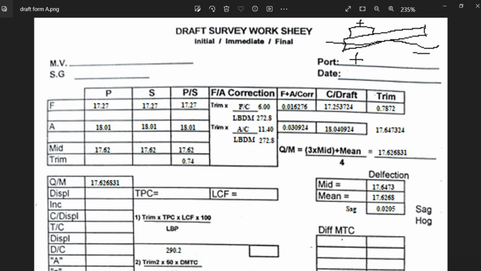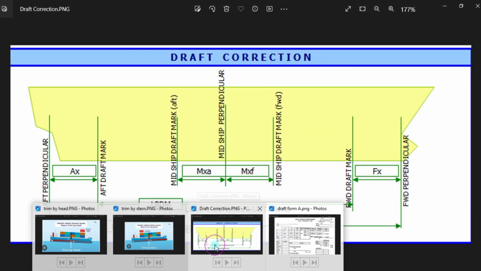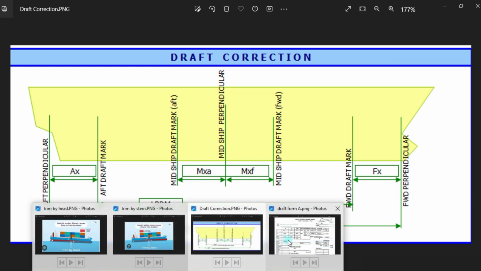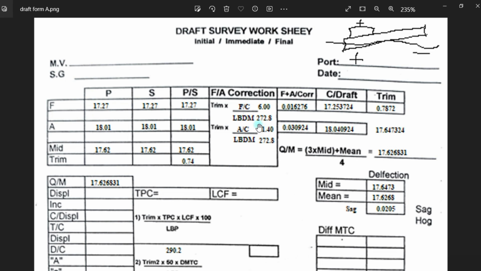The length between draft marks, this one, is 272.8. So the formula for the forward correction is trim times your forward correction, 6 meters, over the length between draft marks, 272.8.